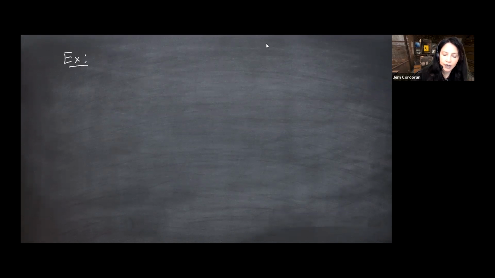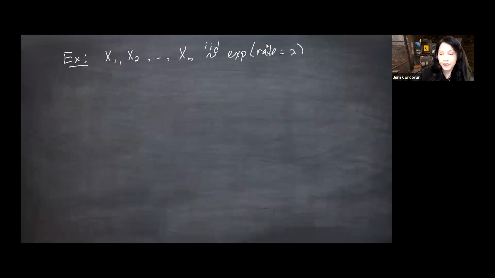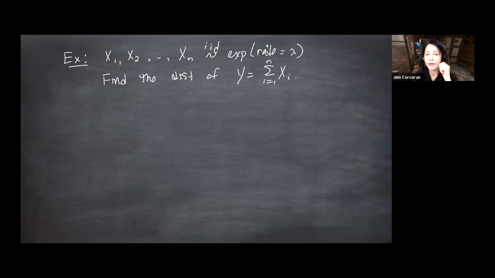So suppose x1, x2, ..., xn are IID exponential with rate lambda. I want to find the distribution of the sum. Now, if this were to appear on the homework or something, I would say, okay, big fat sum, I want to use moment generating functions.